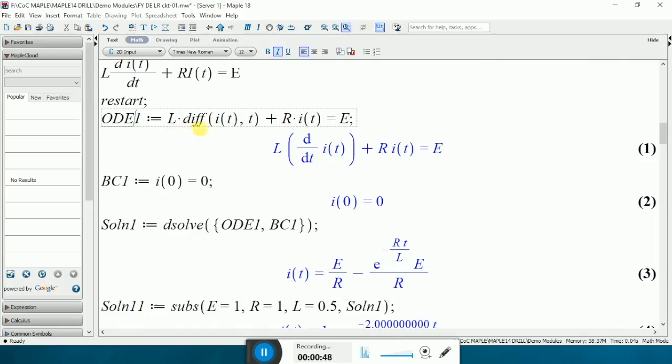So L into diff, the first derivative with respect to time of I of t, will generate this equation, named ODE1, and the boundary condition is I of 0 equal to 0. We are assigning our output as solution 1, and simply exploring the command dsolve ODE1 for BC1. So it returns the output like this.